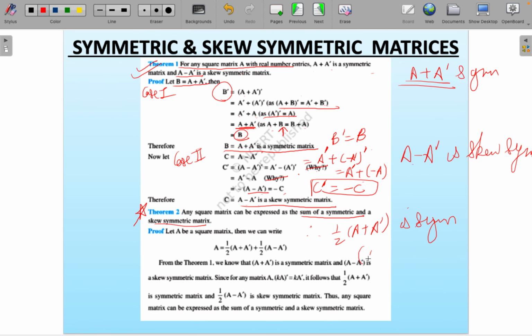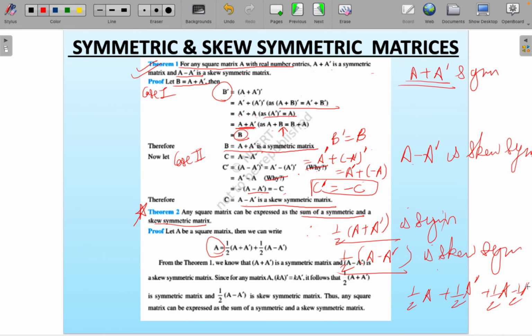Also we have proved that A minus A transpose is skew symmetric. So again half of A minus A transpose is also skew symmetric. Now you just add these two. Check. After adding these two, don't you think I will get A? Check karo. Half of A plus half of A transpose plus half of A minus half of A transpose. So this and this gets cancelled. Half A plus half A is A. So check.